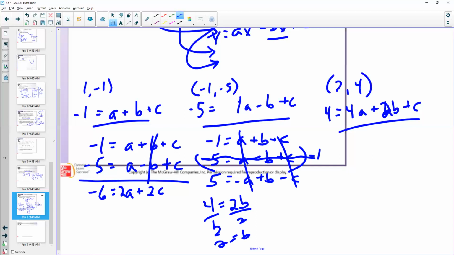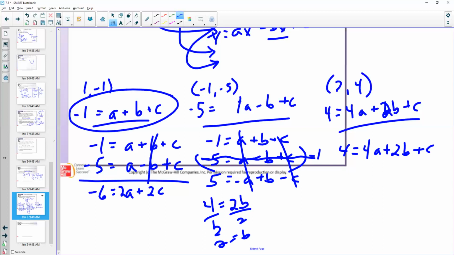So now I've got a value for b. Now all of a sudden I have to just solve for a c somewhere. So I'm going to use this guy, 4 equals 4a plus 2b plus c. And this guy, I'm going to multiply by -1.